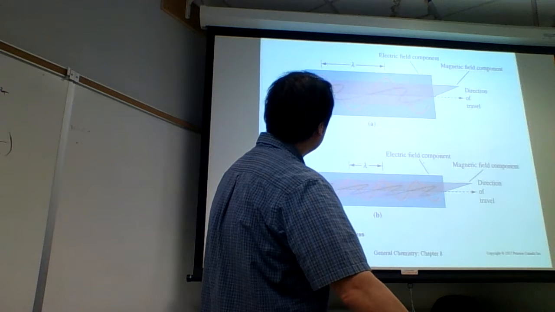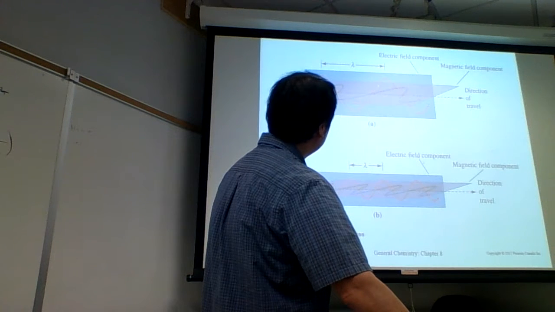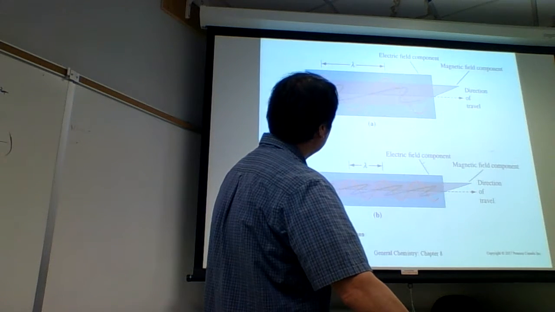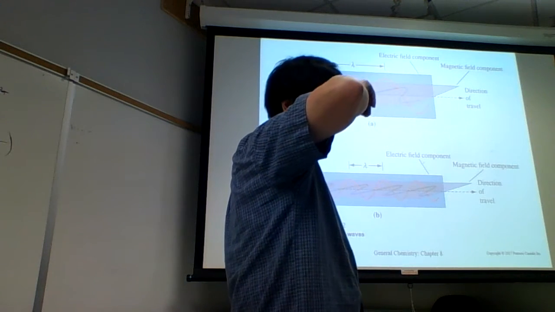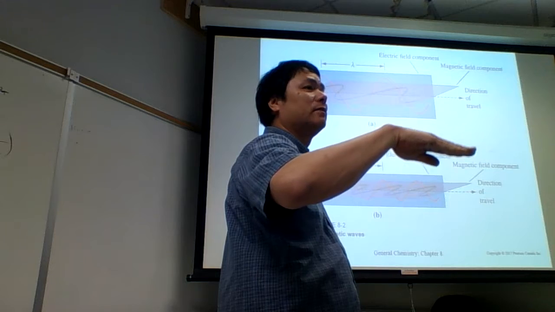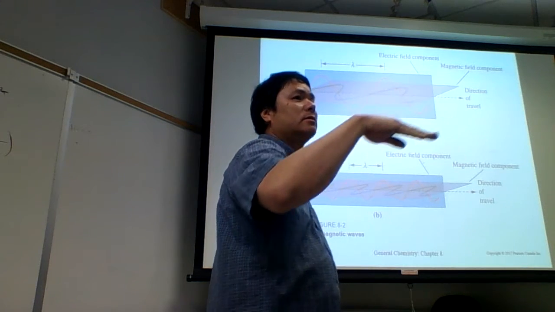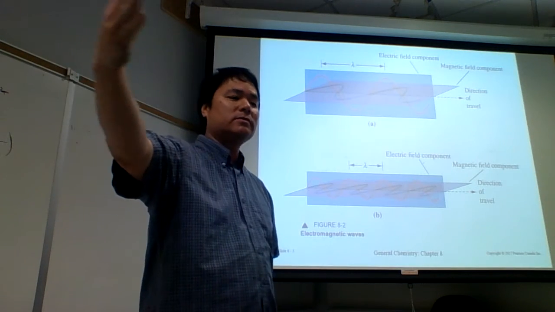What we have is this wave here, and the wave consists of an electric field, let's say, this red line. When we think about an electric field, normally you think positive, negative, right? And so this is what's happening. This wave is traveling through space.